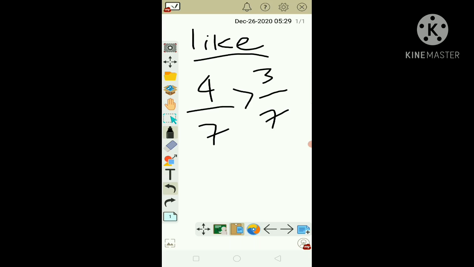So 4 is the big number compared to 3. So 4 by 7 is the big fraction. Okay, you understand.